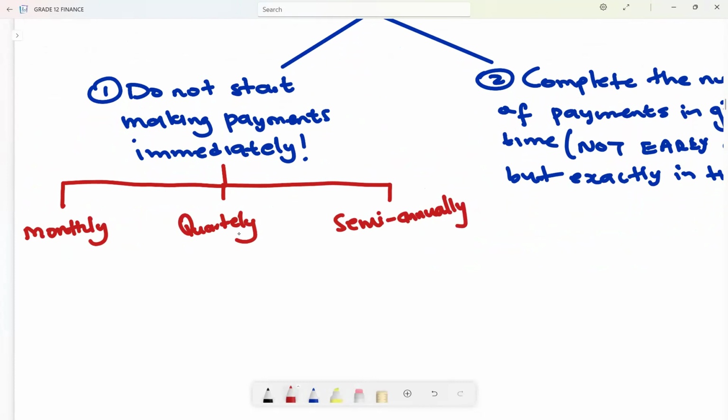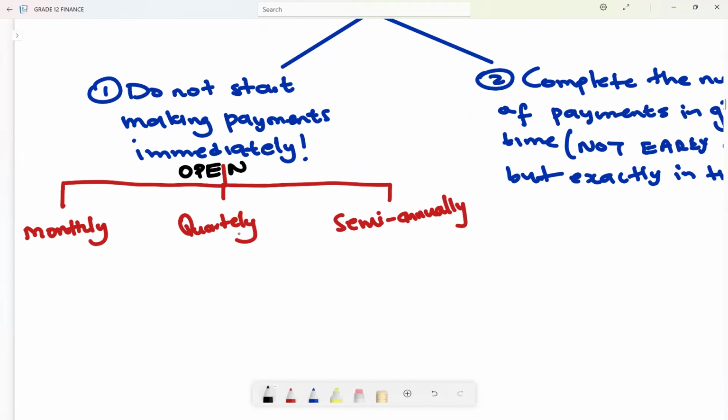What I want to explain is that for monthly, you will make your payments each and every month. But after opening a savings account, let's say you are given an interest rate compounded monthly, you should not pay until 1 month after opening this account passes.